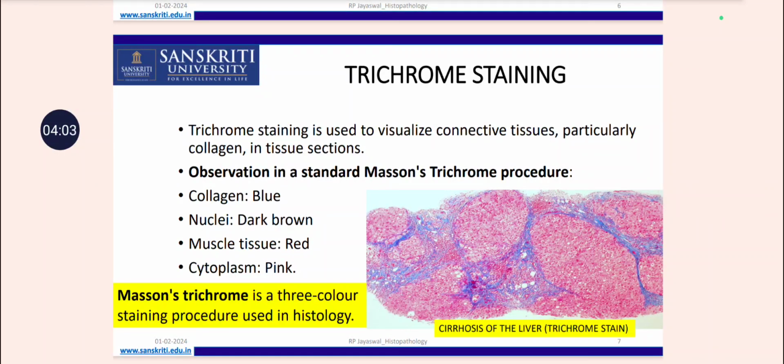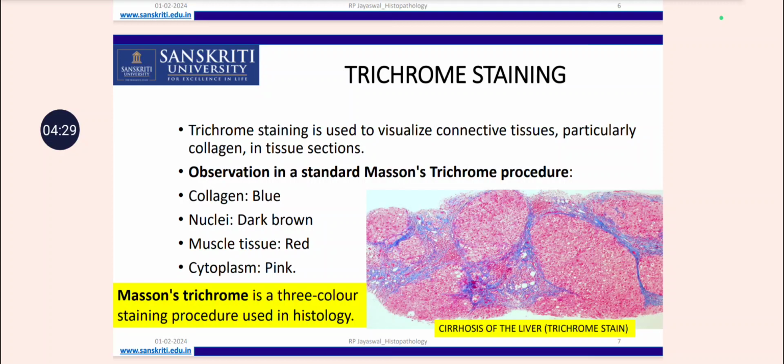The first one is trichrome stain. Trichrome staining is used to visualize connective tissues, particularly the collagen, in tissue sections. After staining with Masson's trichrome procedure, the following observations are seen. Collagen will appear blue, nuclei dark brown, muscle tissue will appear red, and cytoplasm pink.